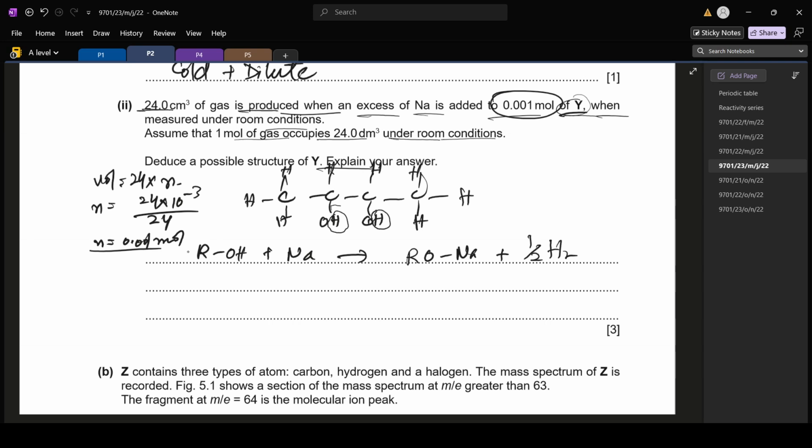But there are the same number of moles of product Y and hydrogen, so there must be two alcohol OH groups, and this will form 1 mole of hydrogen. So that's the reason. This is the structure of Y.